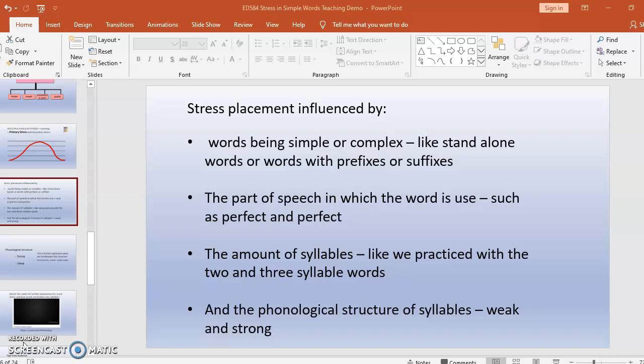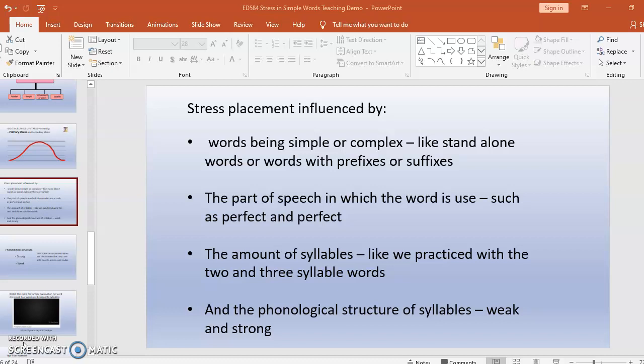How that word is put together will influence the stress. The part of speech in which the word is used, such as the word perfect. So, oh, this gift is perfect. And oh, I want to perfect this process. Okay, its stress is placed on a different syllable, and so it changes the meaning.